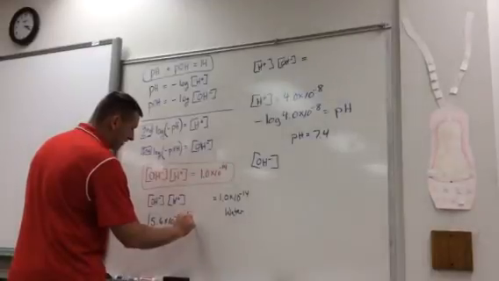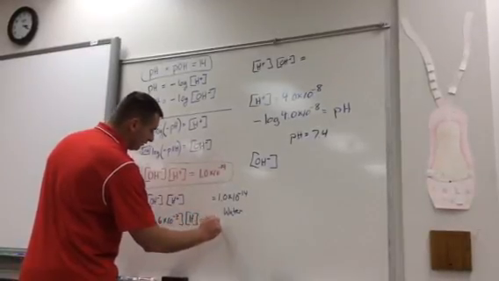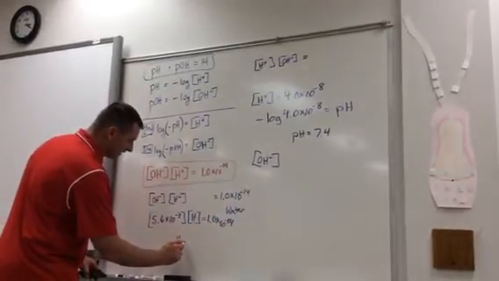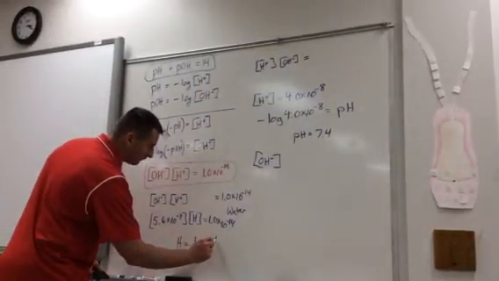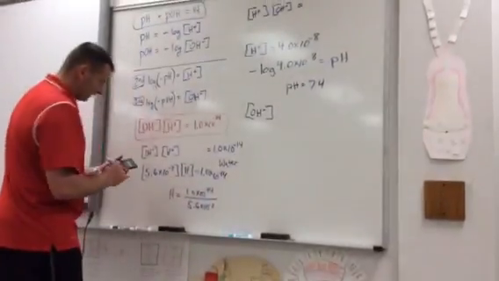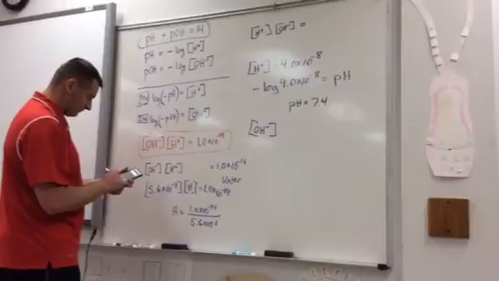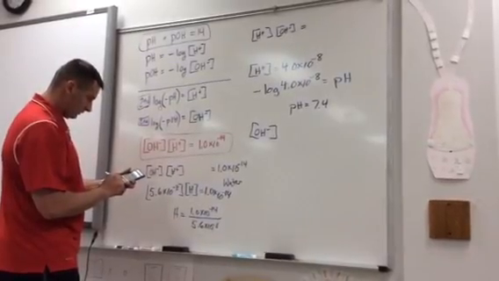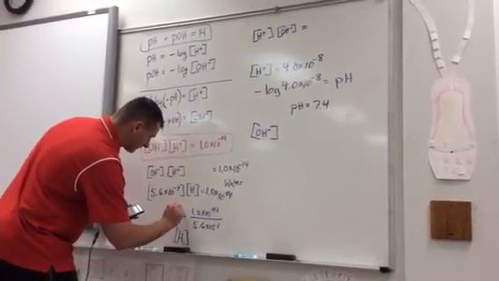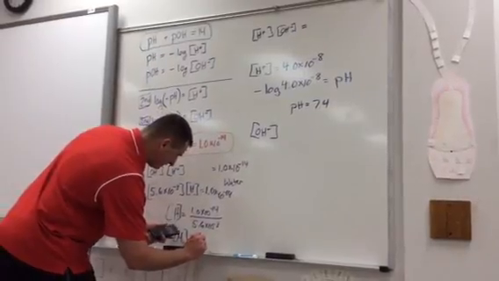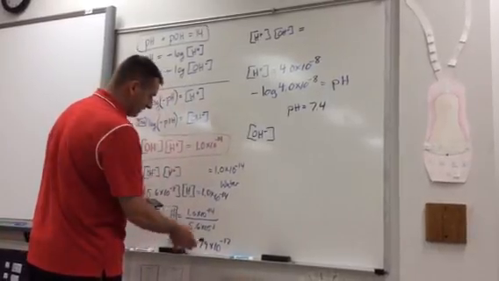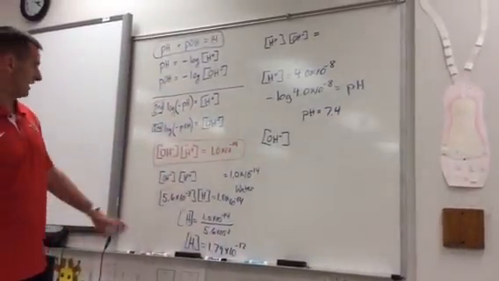You set the product equal to 1.0 times 10 to the minus 14, and I'm solving for H. So H is going to equal 1.0 times 10 to the minus 14 divided by my hydroxide concentration, and the bracket stands for concentration. You get 1.79 times 10 to the negative 12 for my hydrogen concentration. So that's how you would do one of those.